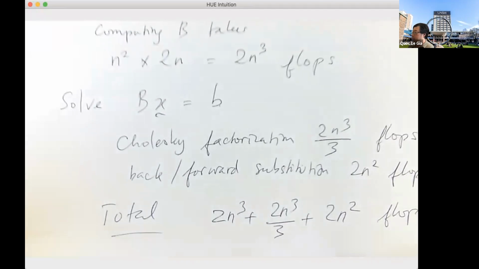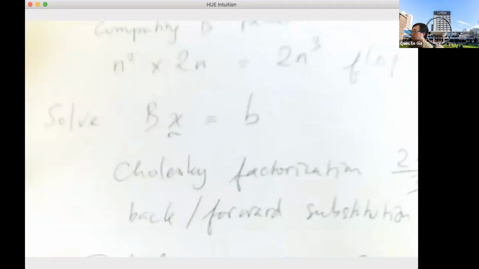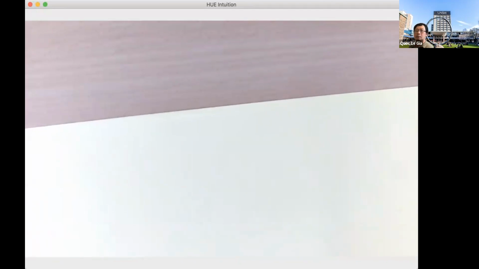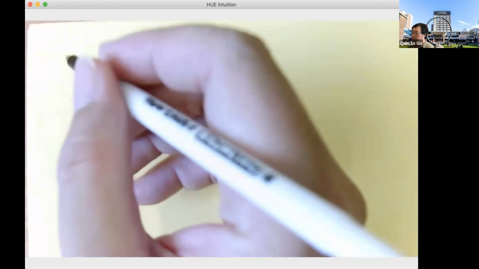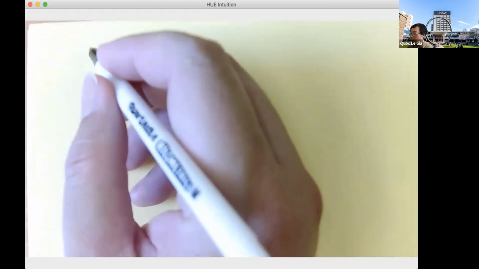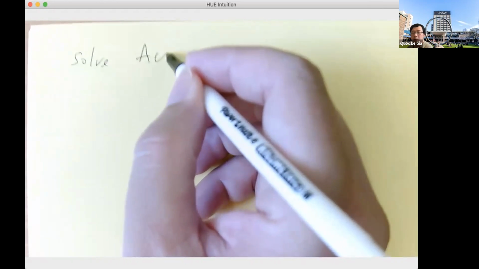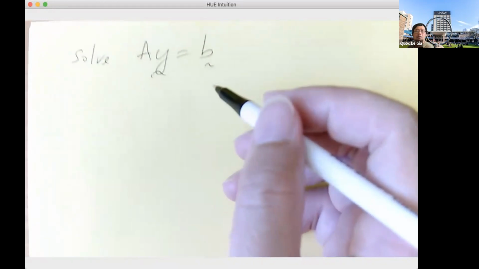Now how about the second method? For the second method, you solve Ay equals b.